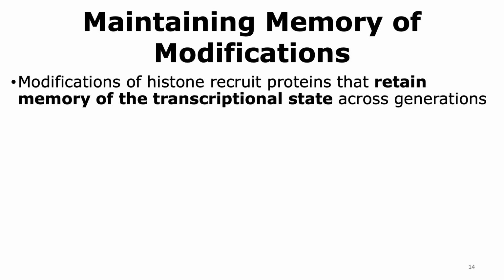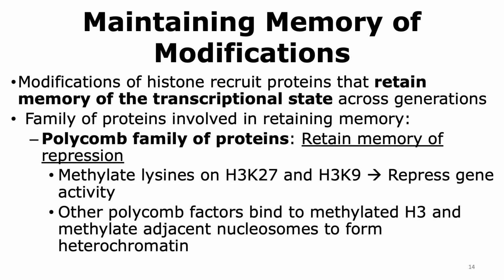There are ways for a cell to maintain the memory of modifications that have been done on histones. The modifications of histones can recruit proteins that retain the memory of the transcriptional state across different cell generations. We're going to look at 2 special families that are involved in retaining the memory of these modifications.